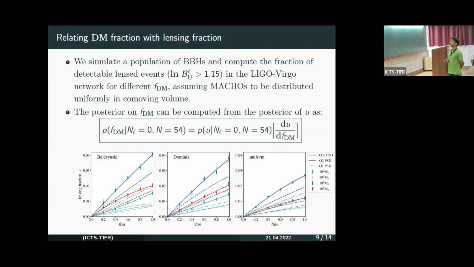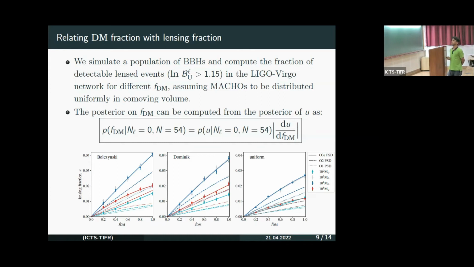So how do you relate the dark matter fraction with the lensing fraction now? We have calculated our lensing fraction, and now we want to find the dark matter fraction. For this, we do an astrophysical simulation: we simulate a population of binary black holes and compute the fraction of detected lensed events. What do we mean by lensed events here?